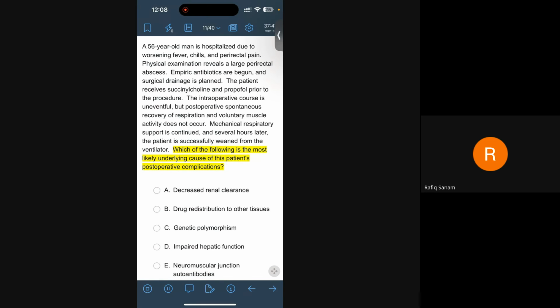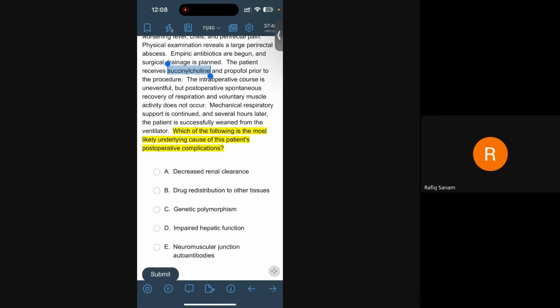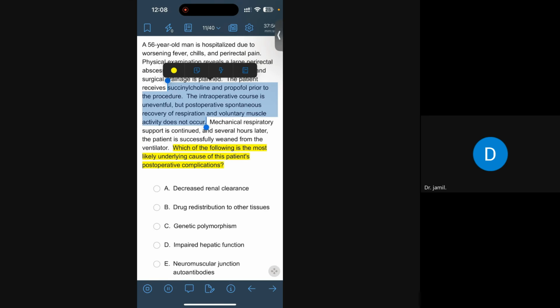Can anyone explain what is happening in this question? This is suxamethonium apnea, I think. So what is happening in this question? It is called suxamethonium apnea, the prolonged action of succinylcholine. Yes, succinylcholine. Okay, that's why.